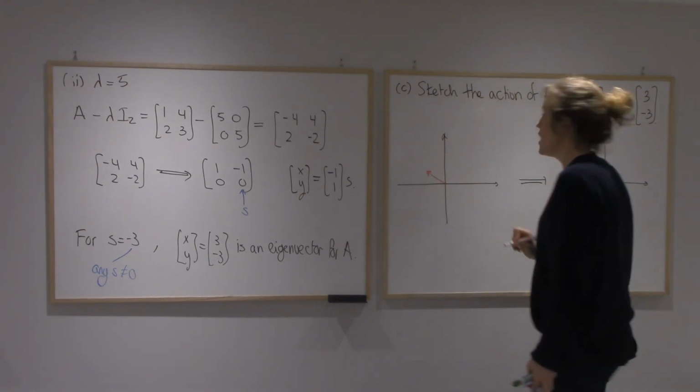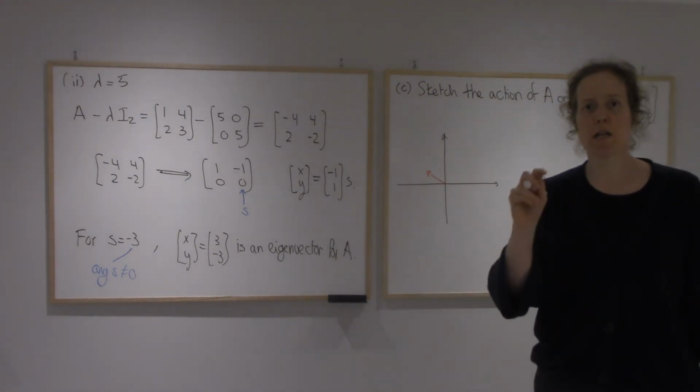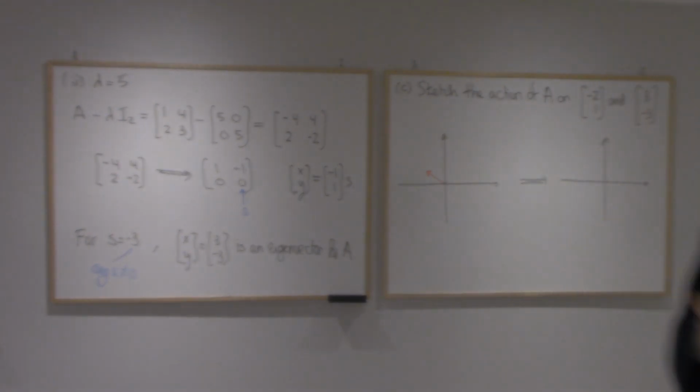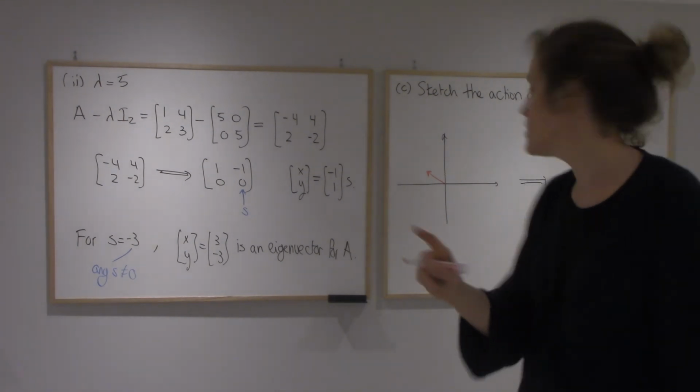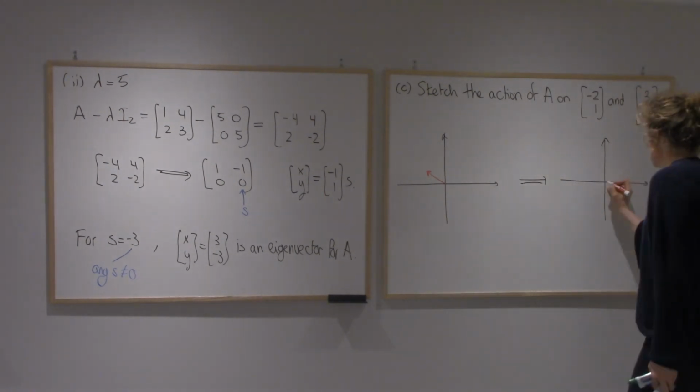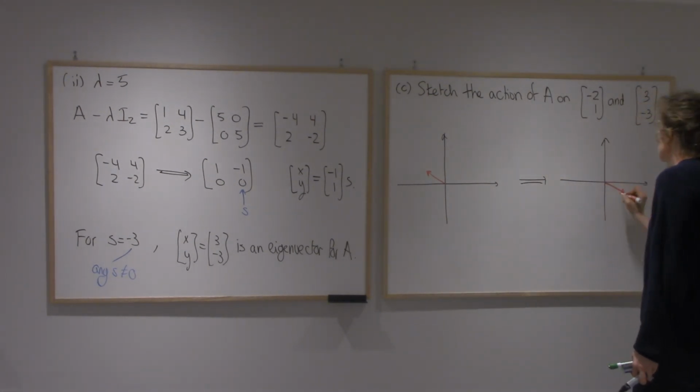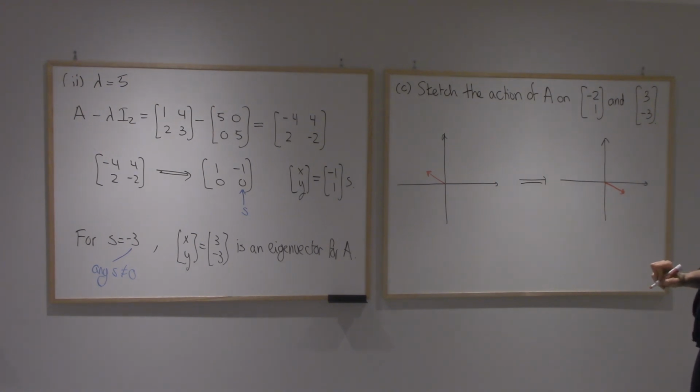On (-2, 1), the lambda was equal to minus 1. Let me double check. Yeah, the lambda was equal to minus 1, so that means this one's flipped and is now (2, -1).